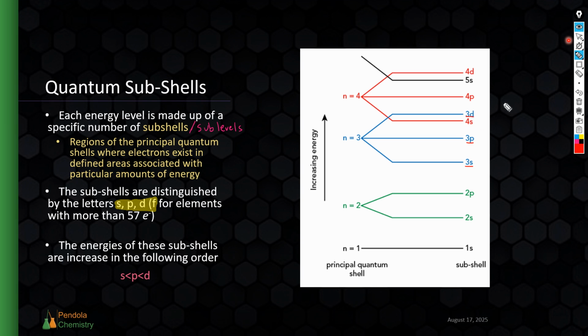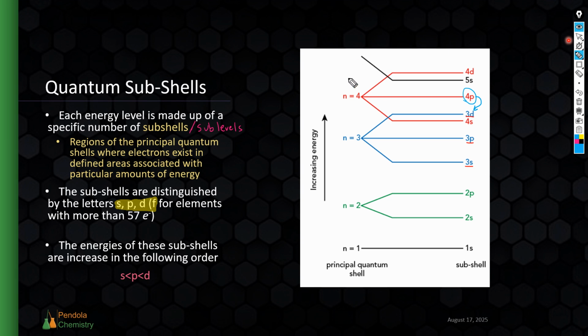However, the 4P sublevel, we have it up here, has more energy than the 3D sublevel. Even though it's a P sublevel, it has more energy than a D sublevel in a lower energy level. So when we say that the S sublevel is lower in energy than the P, which is lower in energy than the D, we are referring within the same energy level.